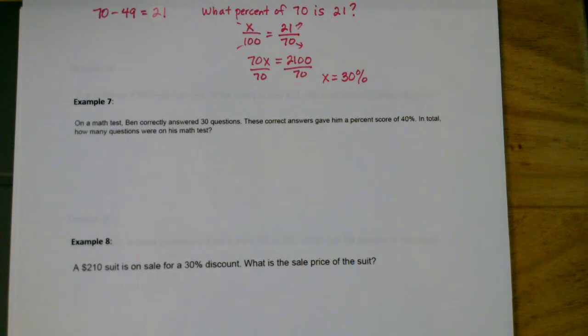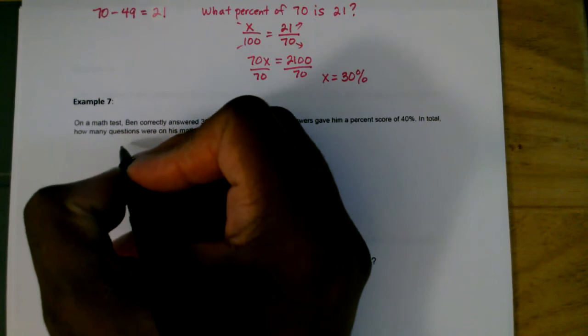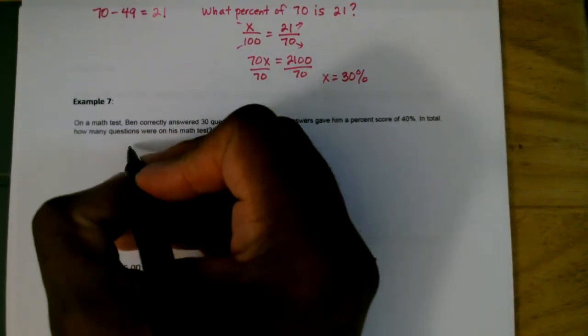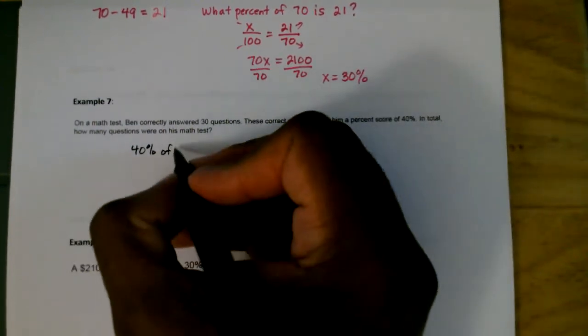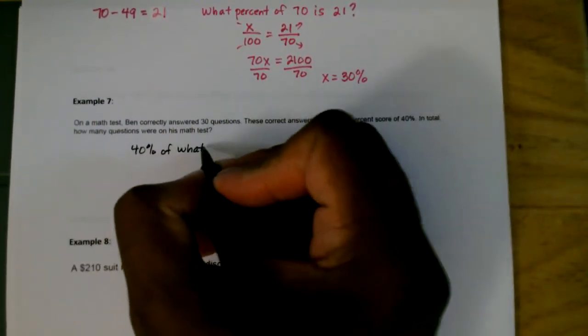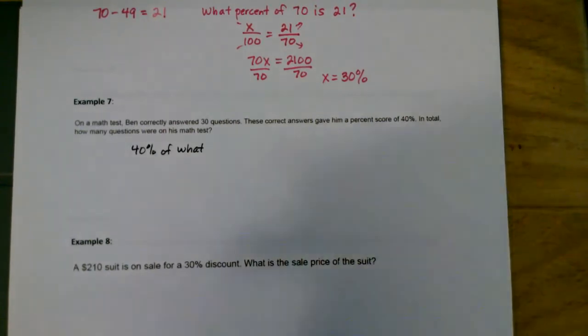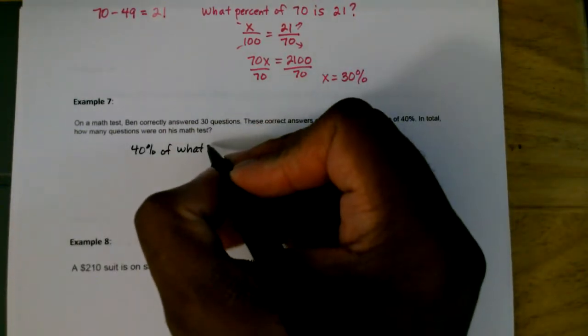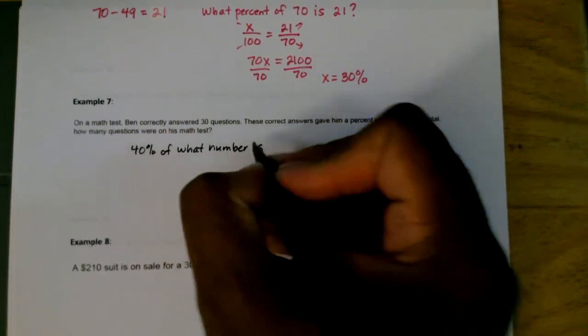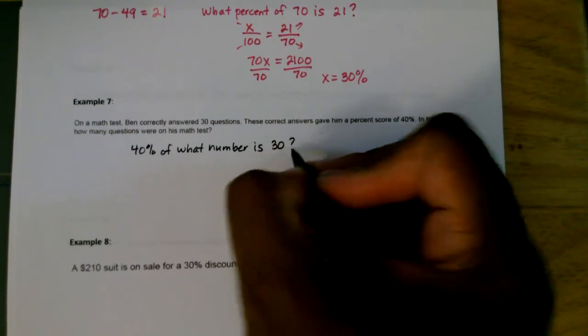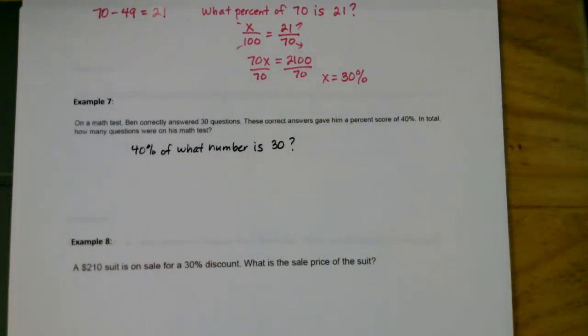We're trying to find the number when a percent of that is known. So we know something here. 40% of what number, because we're trying to find the total number of questions on Ben's math test, is 30.